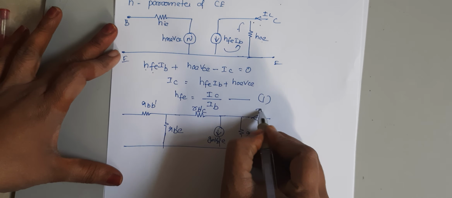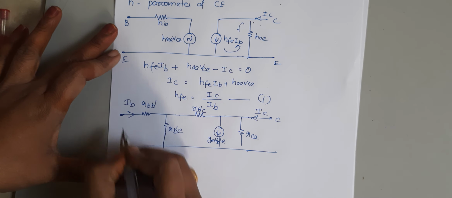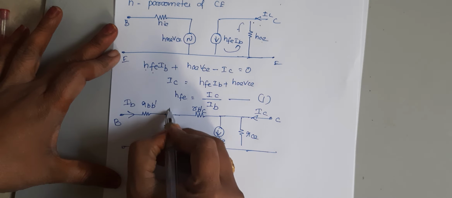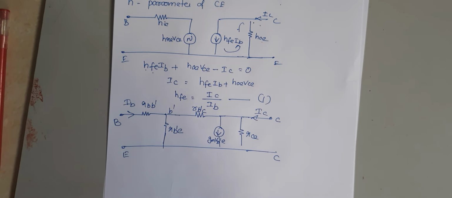This is the IC current at the collector terminal, IB the input current at the base, this is the virtual base, the emitter and the collector. This is the hybrid pi model considering only resistive parameters.